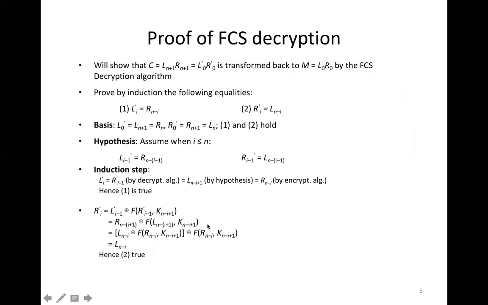That is the proof, and it is done by mathematical induction.